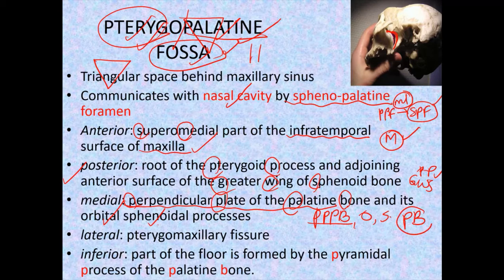These are all palatine bones. So the medial one will be the palatine bone. Laterally, it communicates through the pterygomaxillary fissure. It goes towards the infratemporal fossa.